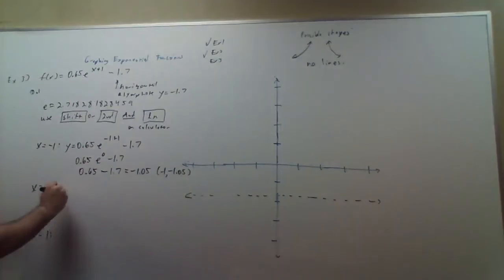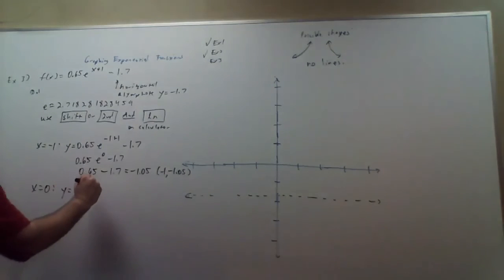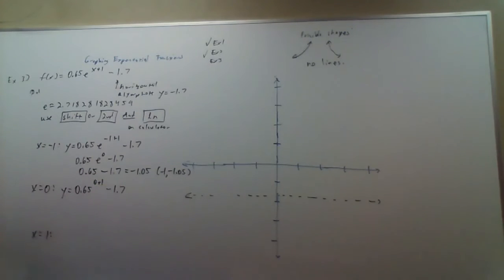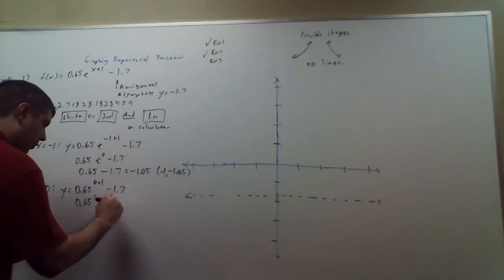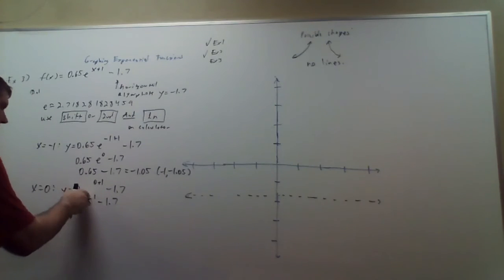This one will be y equals 0.65 to the 0 plus first power minus 1.7. Oops, I forgot, there's an e there.